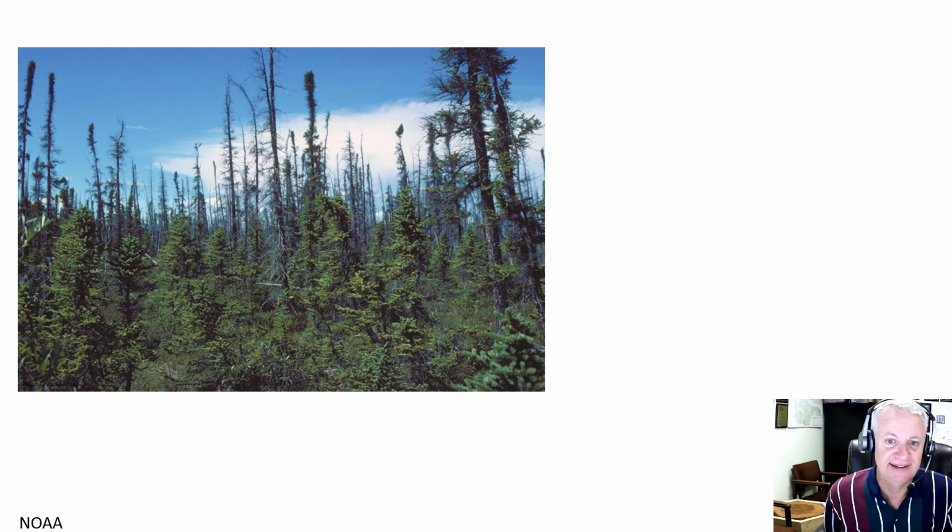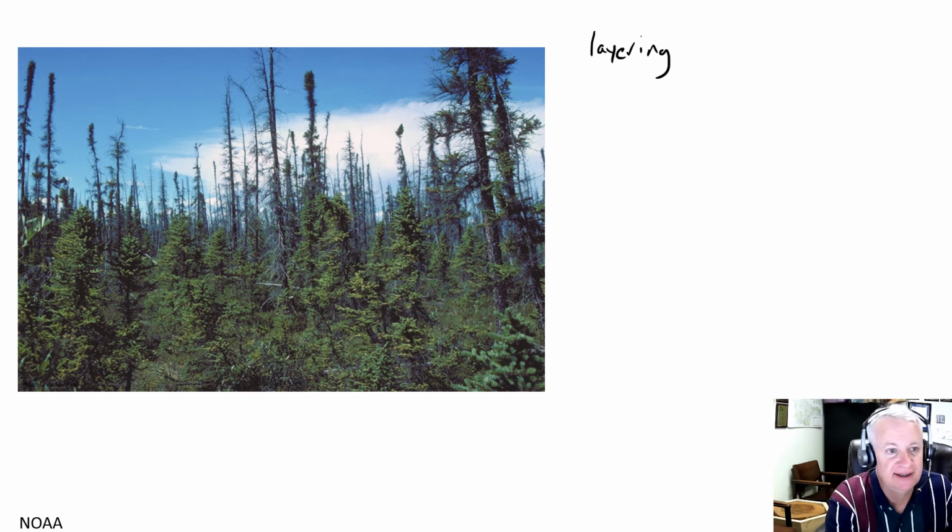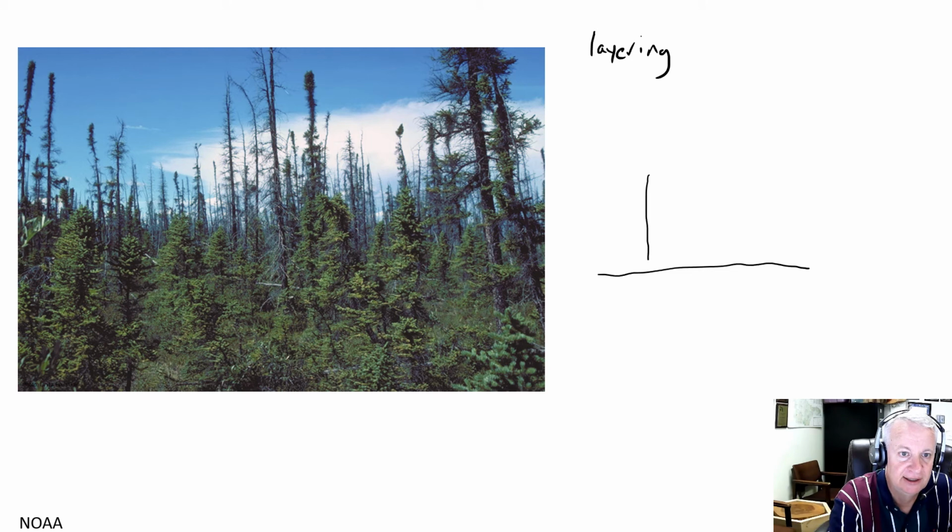The final example of vegetative reproduction I want to talk about is layering. And I'm showing a picture of black spruce because black spruce is a forest tree species that sometimes reproduces by layering. And layering basically occurs when you have a tree growing in a forest and the lower branches are near the ground and become covered in leaf litter, so dead organic matter.